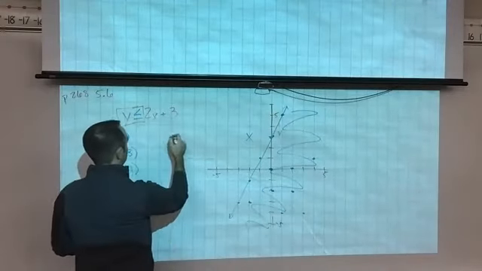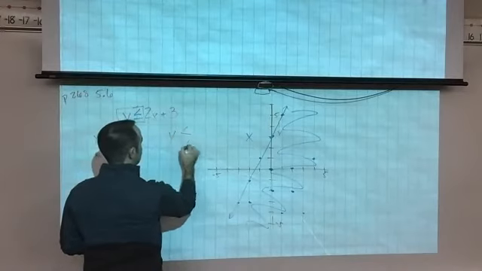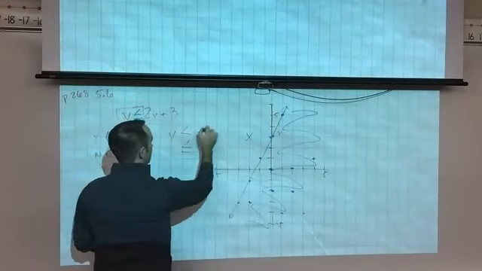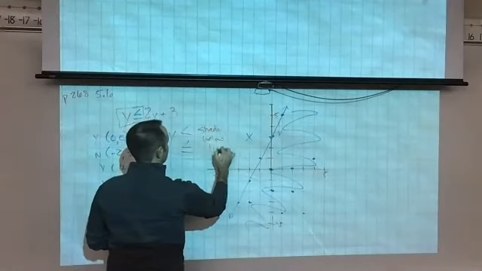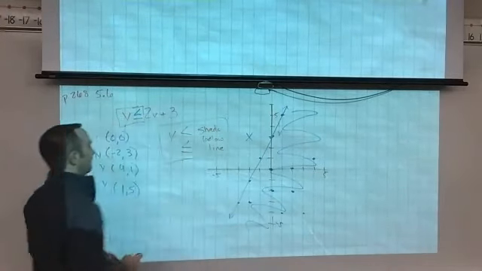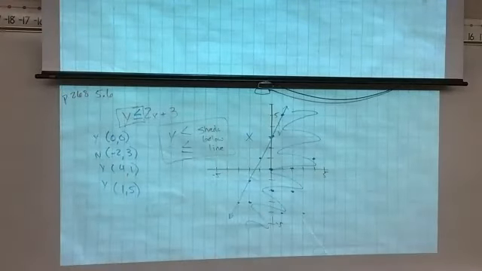Okay, let's write that out. If y is less than or equal to, you're shading below the line.